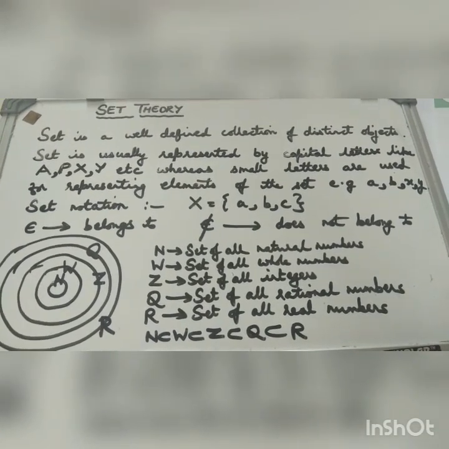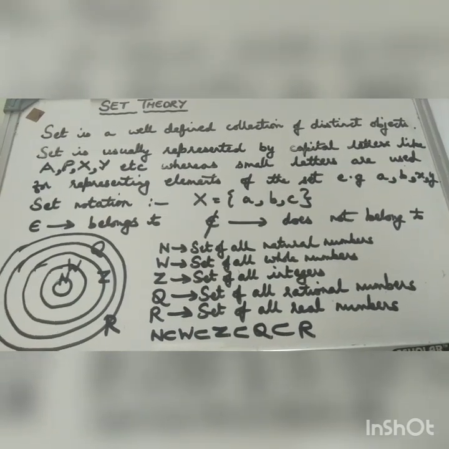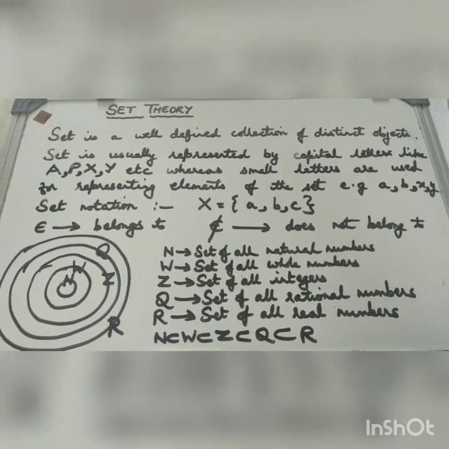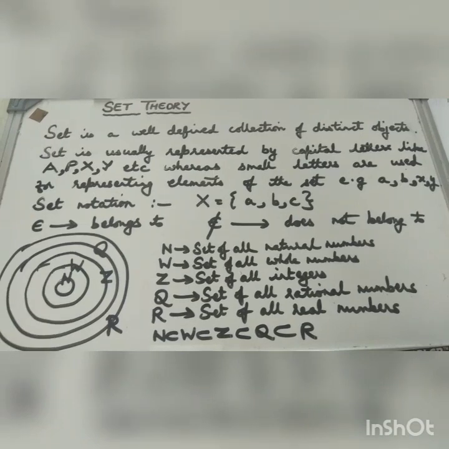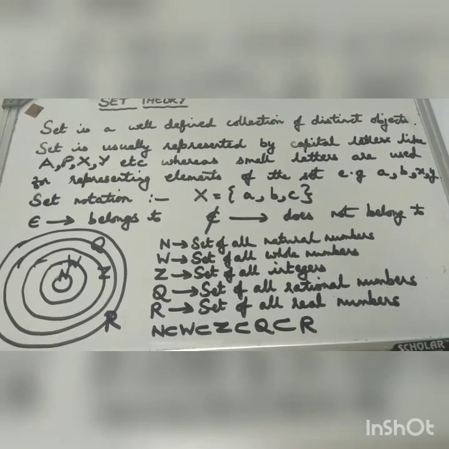Set notation: when we write any set, we write the set in curly brackets, which we also call parentheses. So, for example, capital X is equal to {a, b, c}.